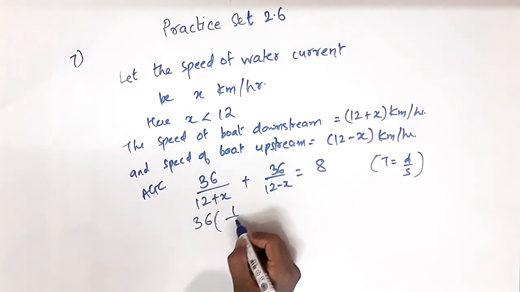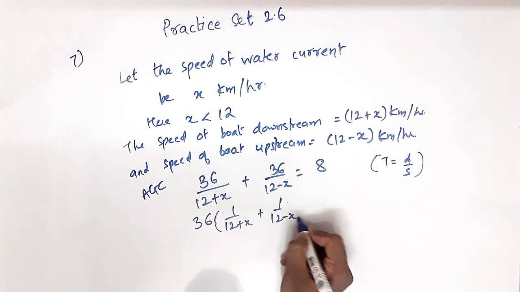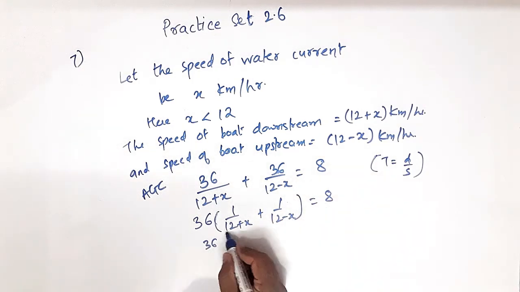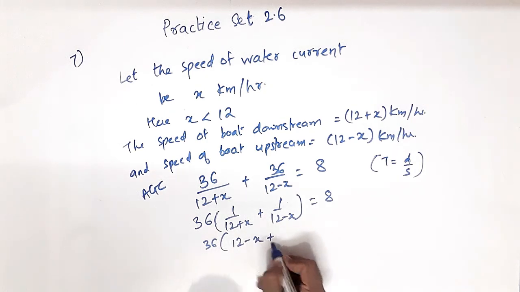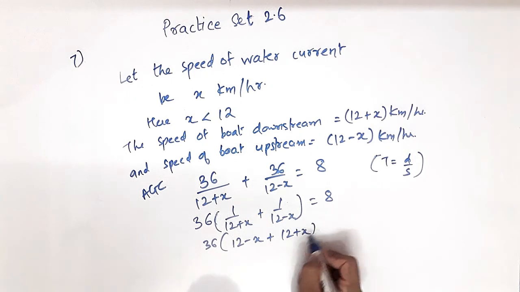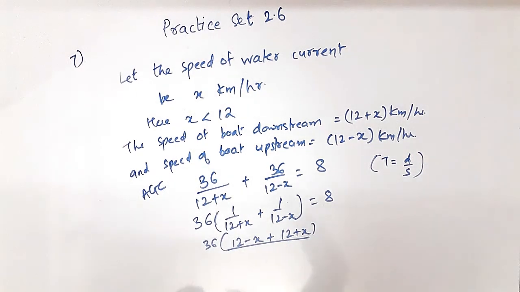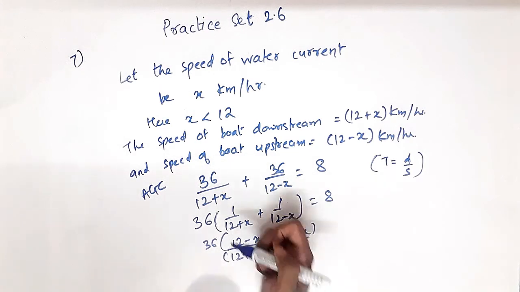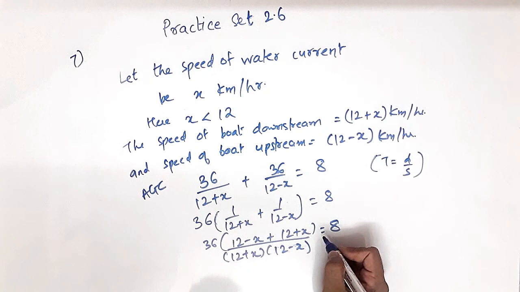So I'll take 1 upon 12 plus x plus 1 upon 12 minus x equals 8. So this gets cross multiplied: 12 minus x plus 12 plus x upon 12 plus x bracket 12 minus x, equals 8.